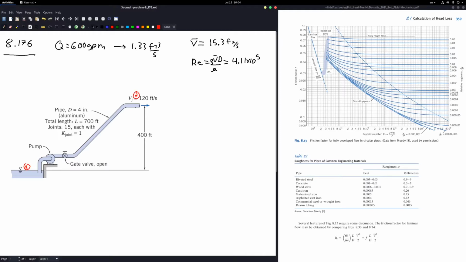The next step is to write our Bernoulli equation, considering our minor losses and our major losses in the system.